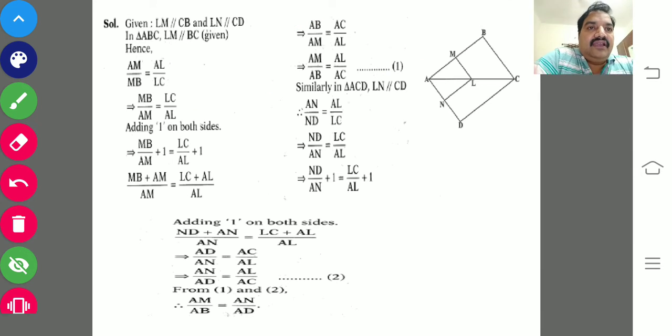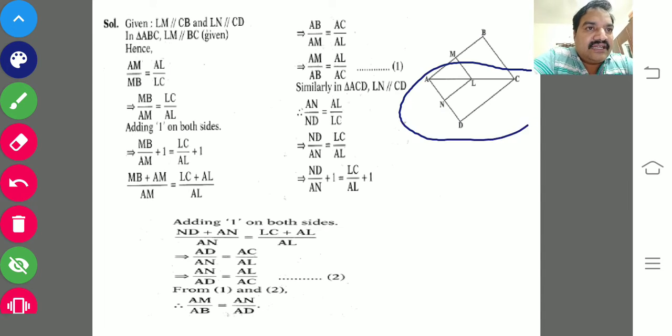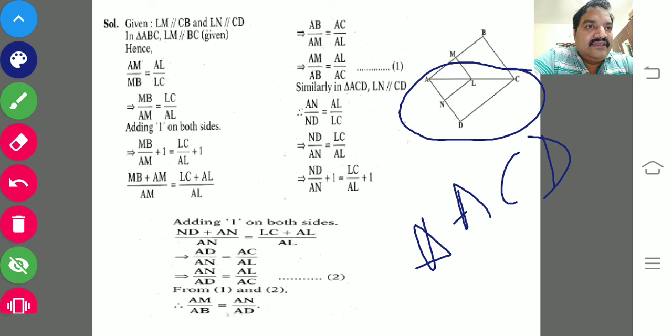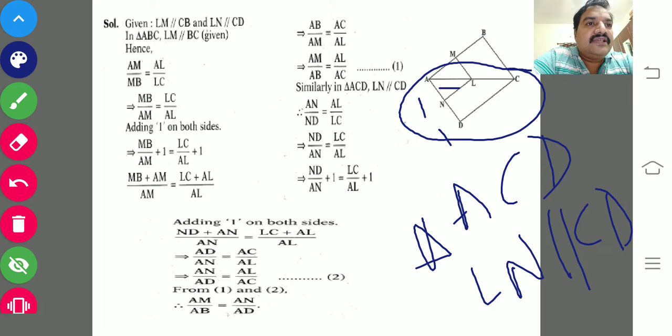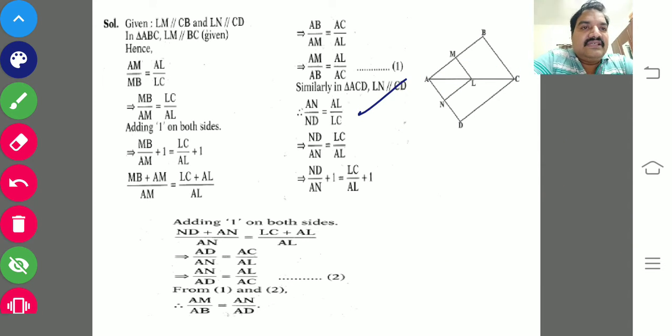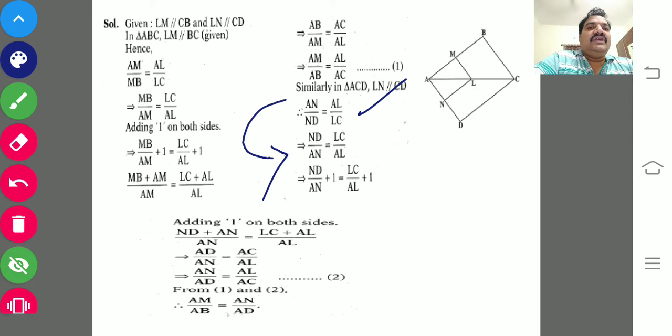Now, in the inverted triangle ACD, LN is parallel to CD, so simply apply AN by ND equals AL by LC. After that, again you have to take the reciprocal because we have to move with A. Now you just add 1 to both sides.